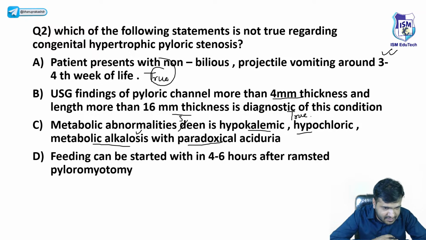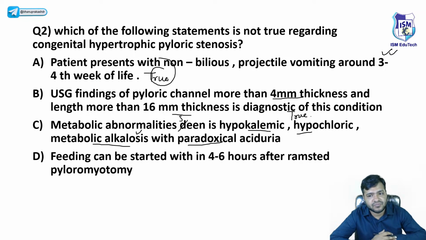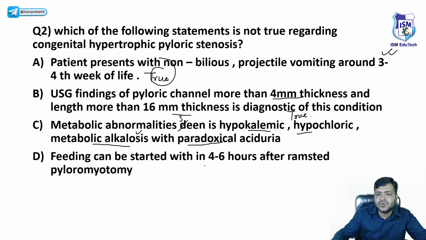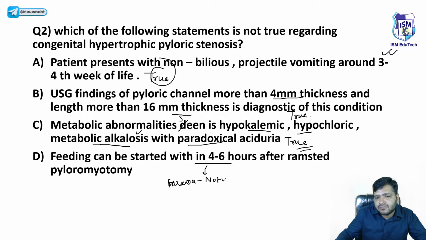The third statement, guys, is it true or false? Yes, it is true, true, true. Now, feeding can be started within 4 to 6 hours after Ramstedt pyloromyotomy. Again, I have not completed the statement. You have to see if the mucosa is not injured.